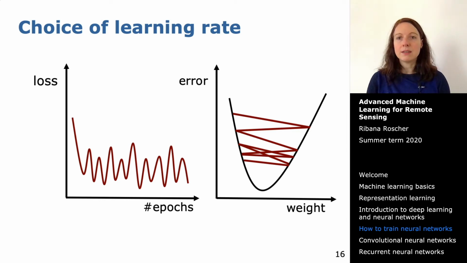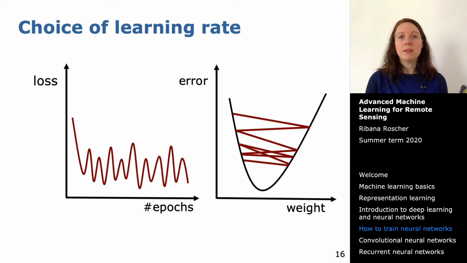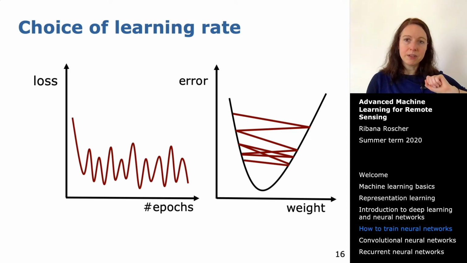Sometimes it's very distinct and you can see it immediately, and sometimes it's a little bit hidden, because we talked about stochastic gradient descent and the choice of the batch size, so you also have a little bit of this jumping around. But if it's very large, it's an indicator that your learning rate might be too big.